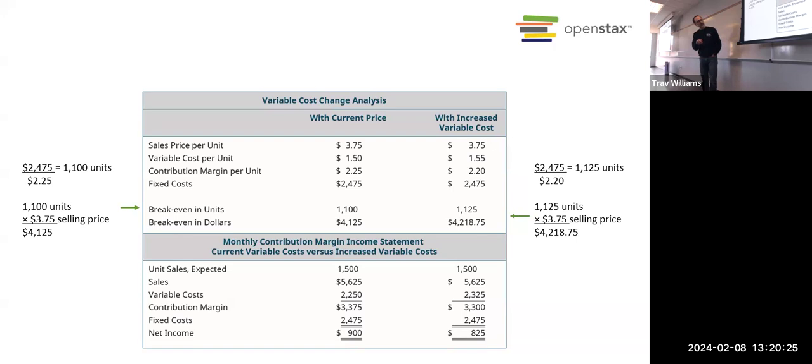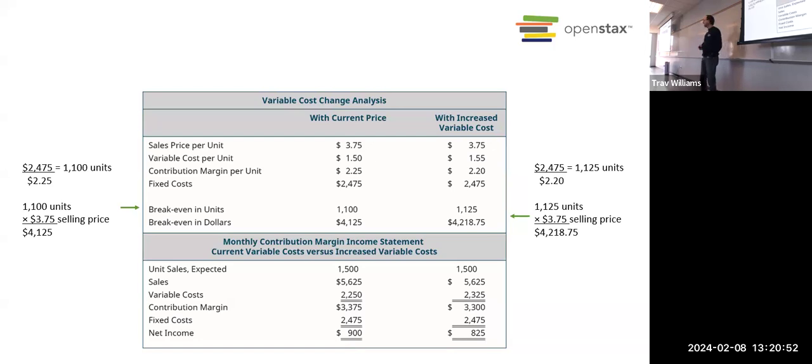We can convert that into dollars. See, it's a higher dollar amount. Then again, down at the bottom, we can figure out our new income statement. So if we're selling the same number of units, we have the same sales revenue, but higher variable costs, right? So a lower contribution margin and lower net income.